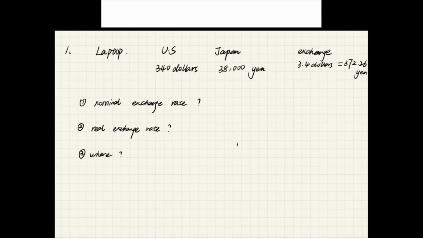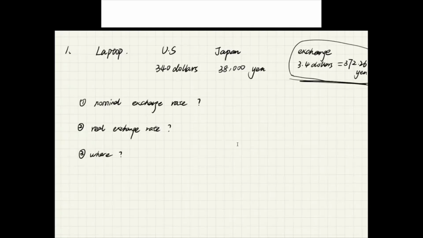Okay. Firstly, remember that the nominal exchange rate is the exchange rate that banks tell you. For example, in this question, how can you know what the nominal exchange rate is from the bank? This is what the bank tells you.